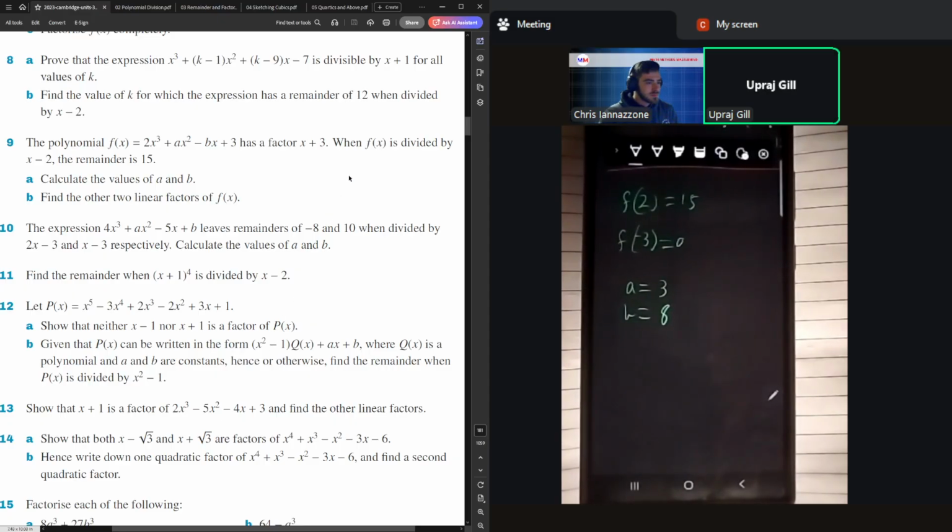I guess there's two approaches to this. You can divide the whole polynomial by x plus 3, or we can look at the constant term, and the only factors are going to be plus minus 3 and plus minus 1. And then you can just try trial and error until you get 0.